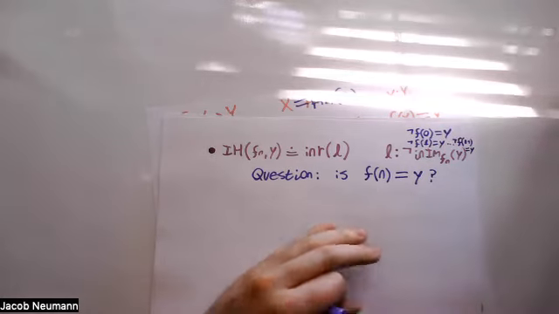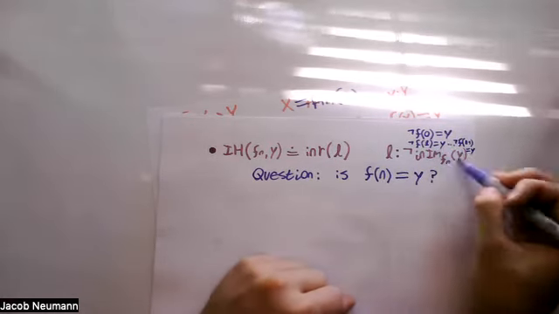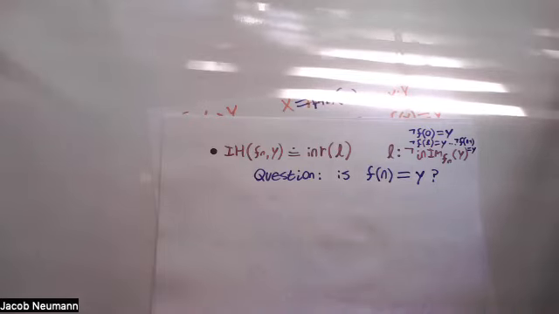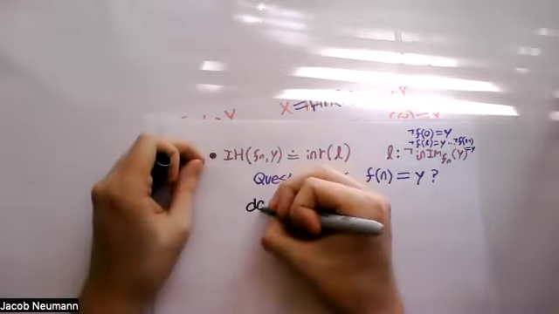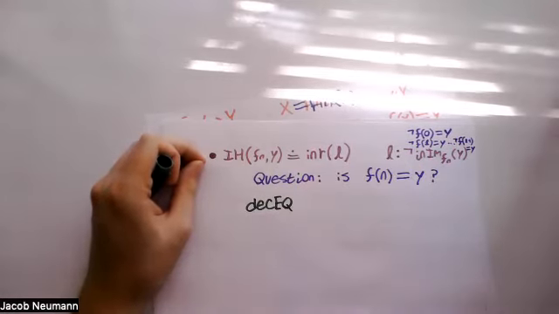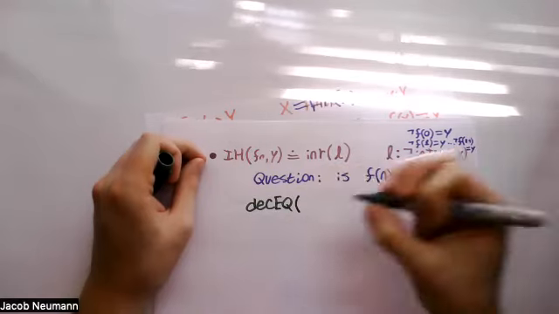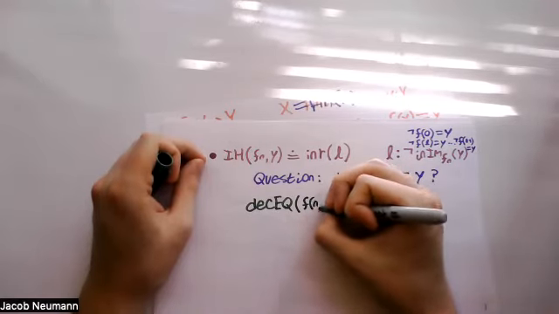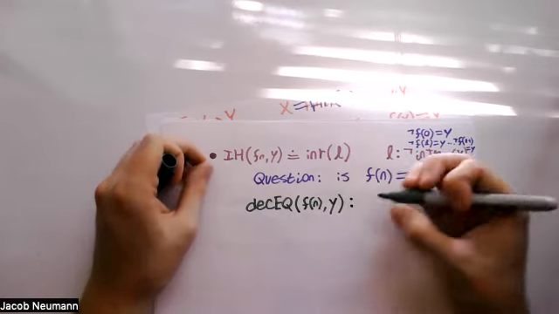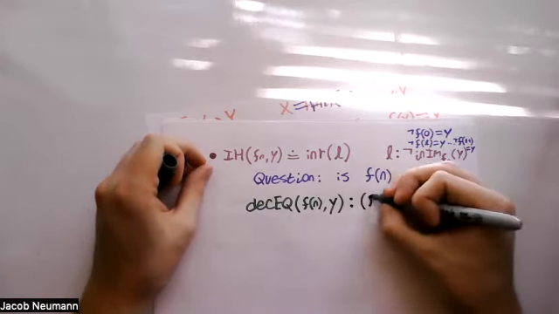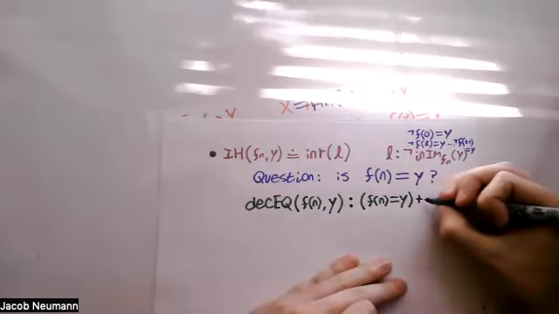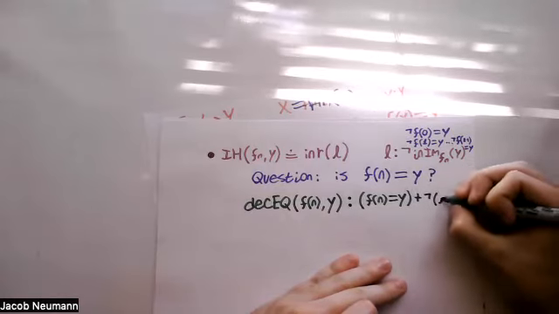But is f of n equal to y? That's all that's contained in here. If I apply my decidable equality for y to f of n and y, then that's going to give me proof that either f of n is equal to y, or that f of n is not equal to y.